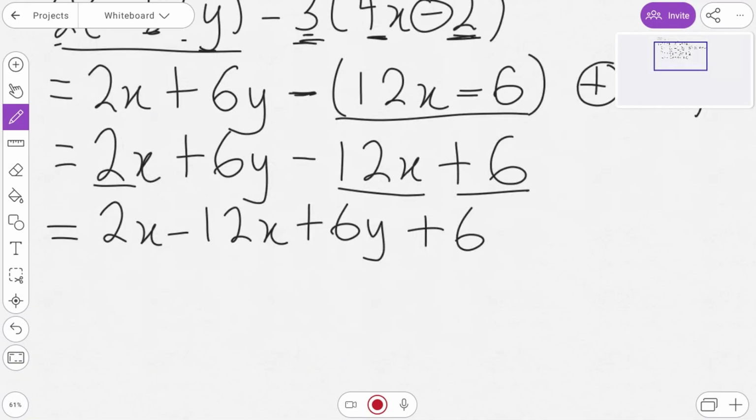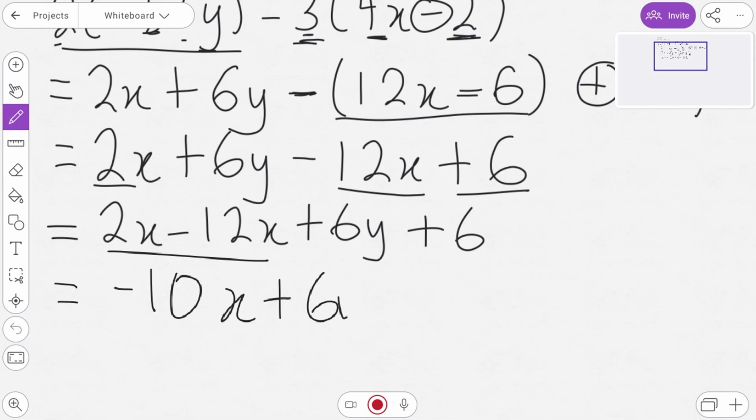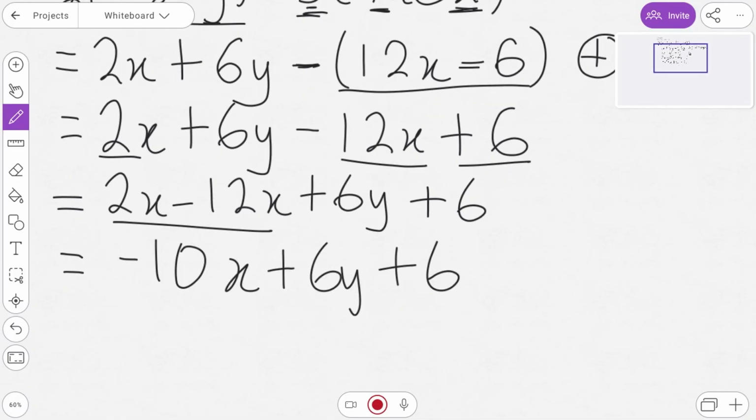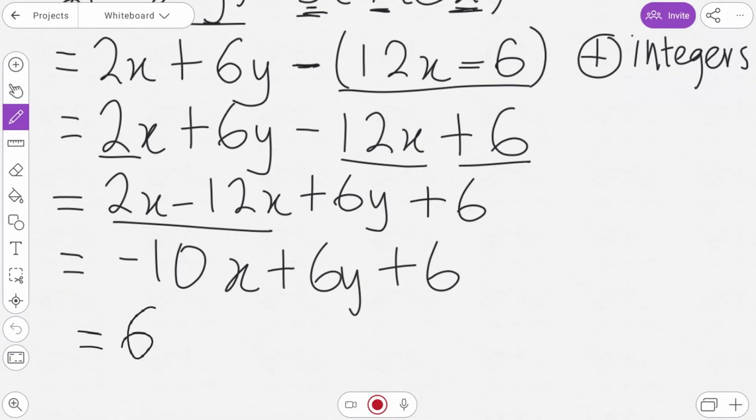Okay, so now I'll move on with negative 10x, that's 6y plus 6. And to be on the safer side, I'll just arrange it for it to look more presentable. 6y minus 10x plus 6. And that's our final answer.